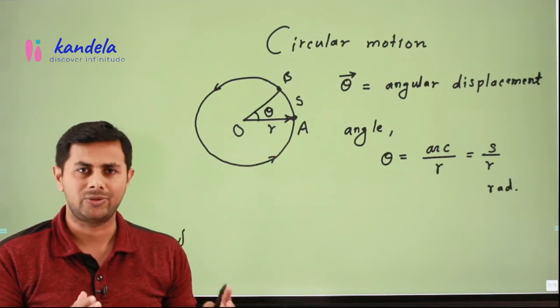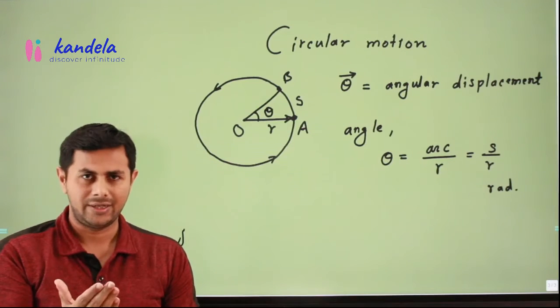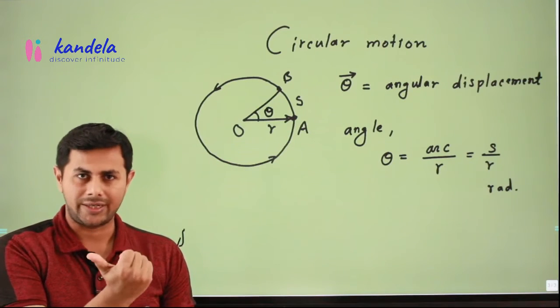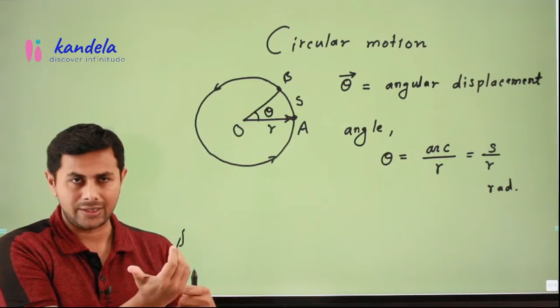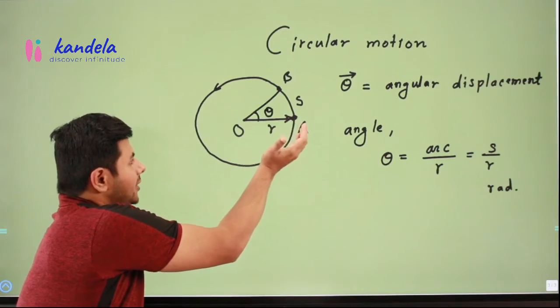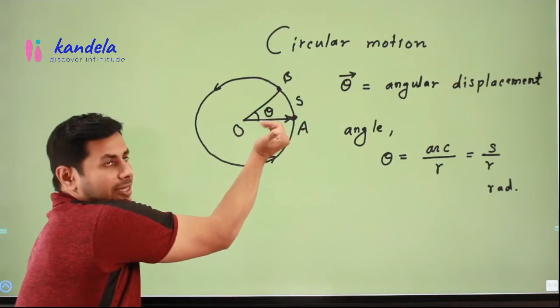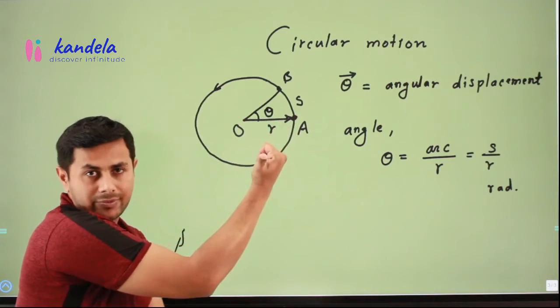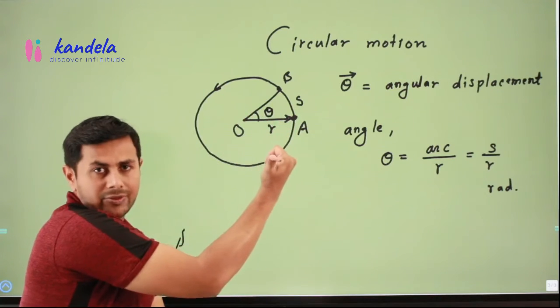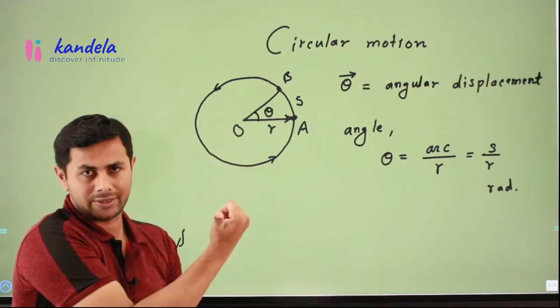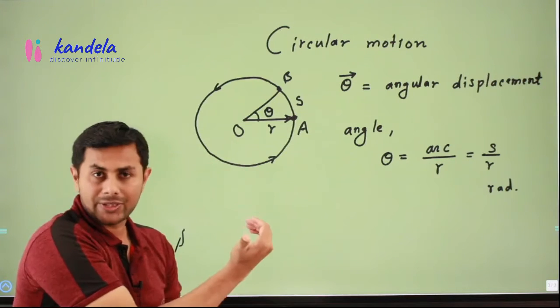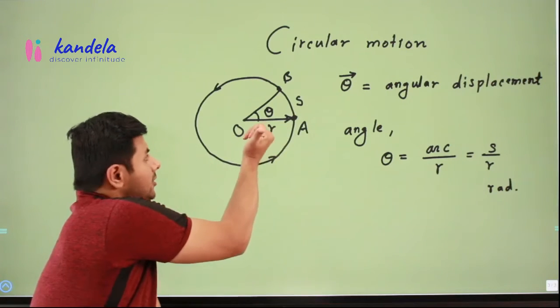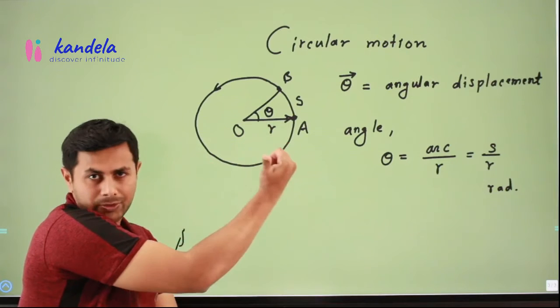The right hand thumb rule says take your right hand, curl the fingers of your right hand in direction of motion of the particle and stretch your thumb. So my stretched thumb will give me direction of angular displacement, right? What will be the direction of angular displacement? It is outside to the plane of this board.